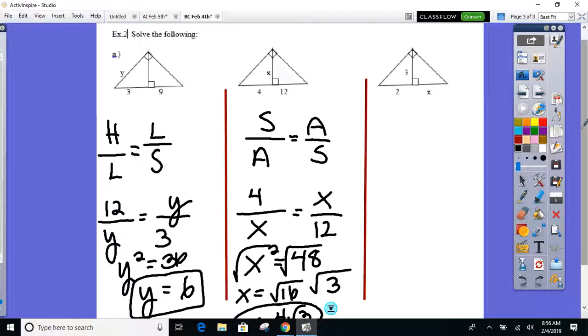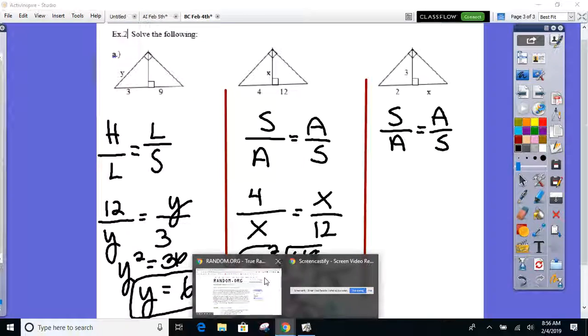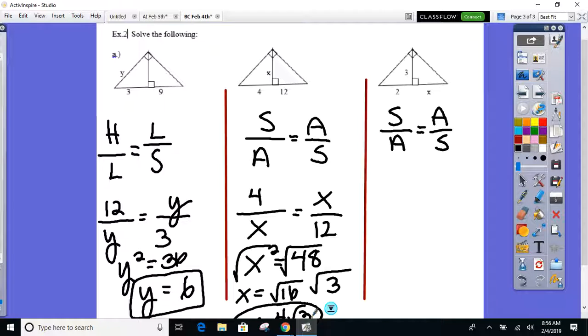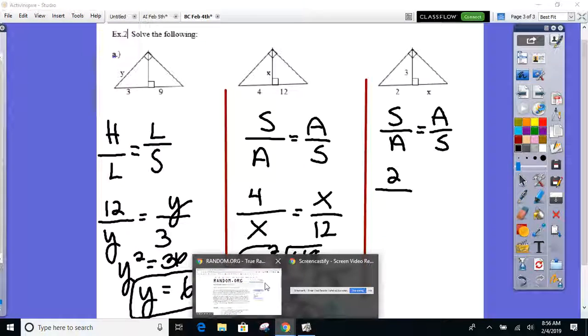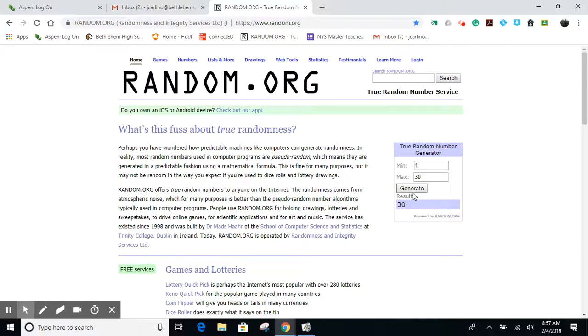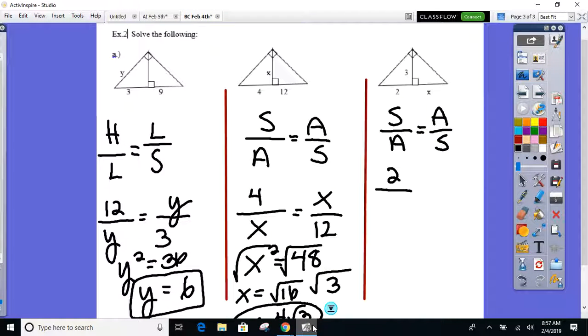And how about this last one here? Is the altitude involved? Okay, so we'll have SAS. Let me go around the room for this one. Here we go. Number 5, segment. 2, altitude. 19, altitude. 30, altitude. 3.